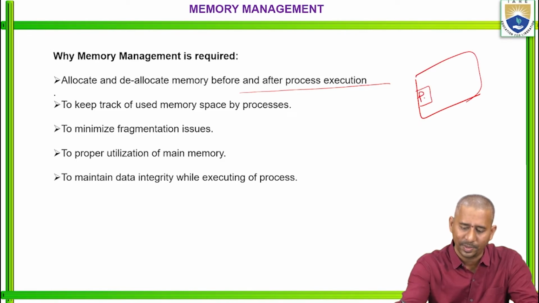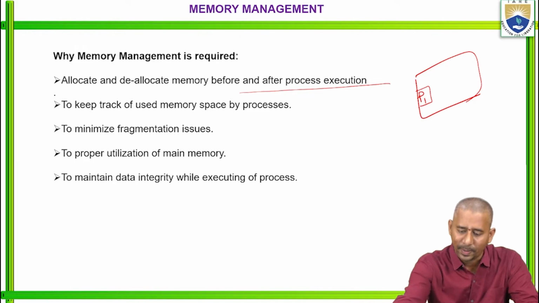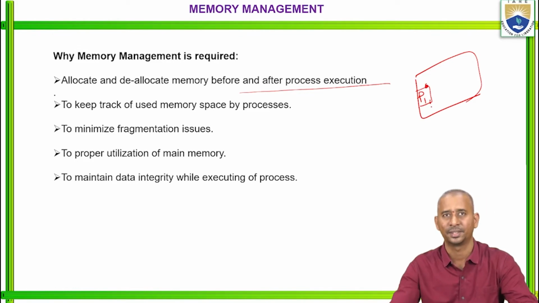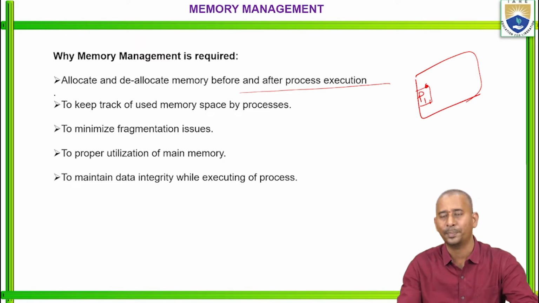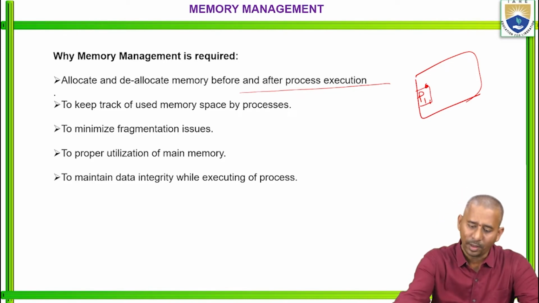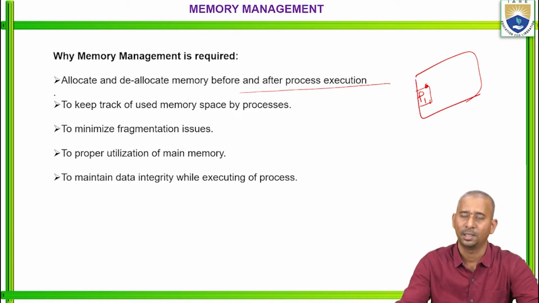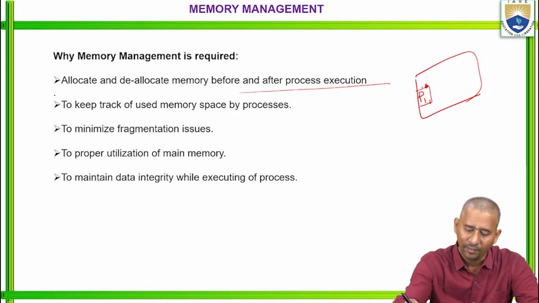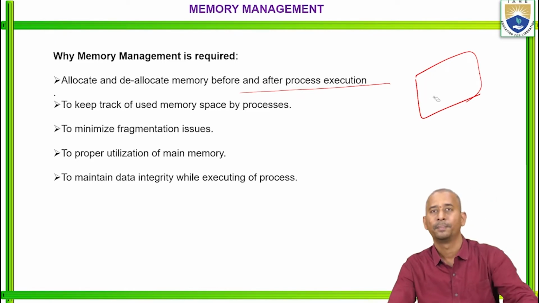Here process P1 is executed, and this particular location has some starting address as well as an ending address. Before execution, the process is available in this location. After completion of execution, we need to deallocate this memory.